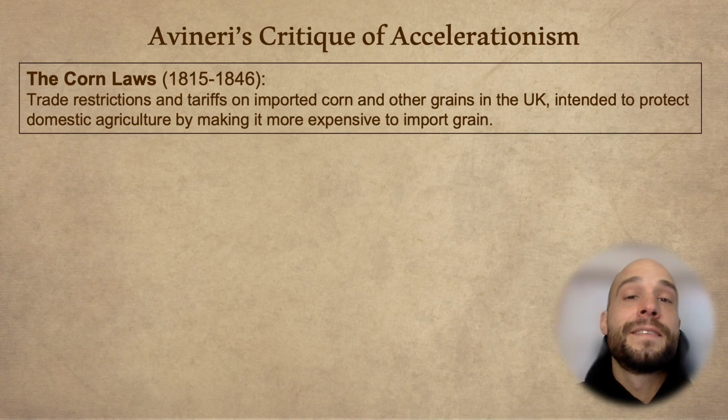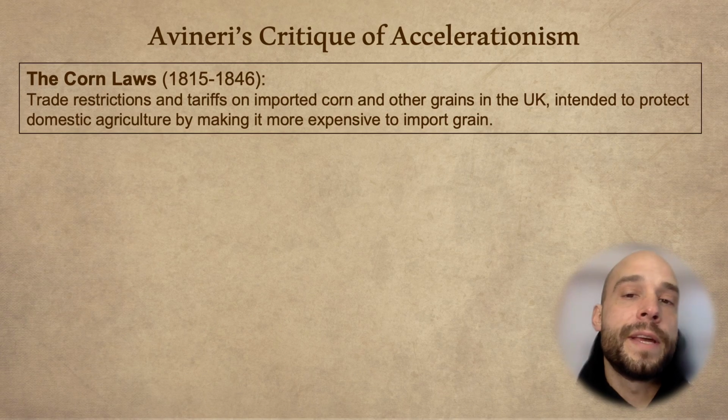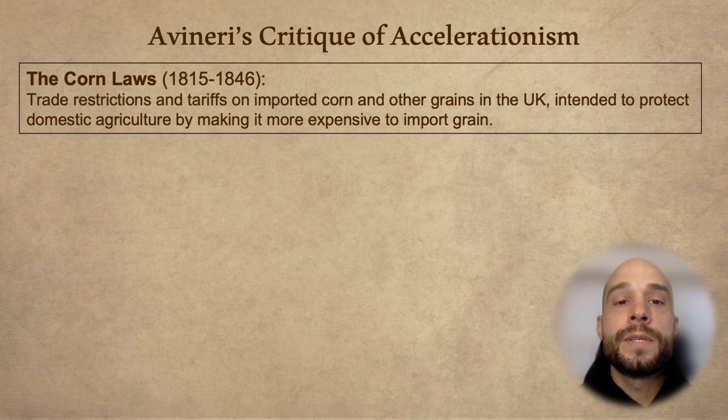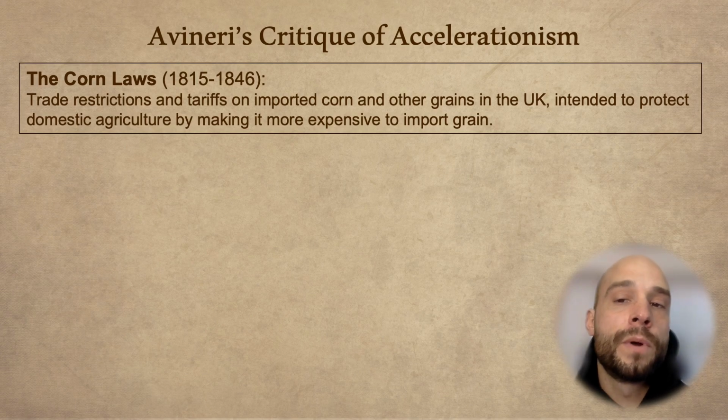The classic example accelerationists point to in Marx's writing is his analysis of the repeal of the Corn Laws in Britain in 1846. The Corn Laws were tariffs on imported grain that protected landowners while keeping bread prices high for workers.